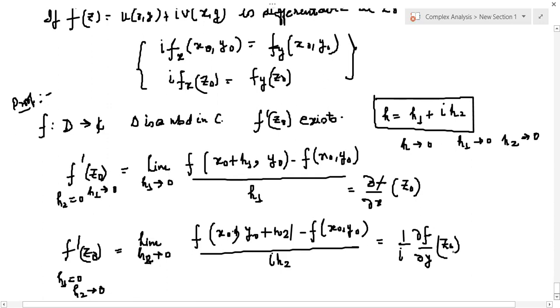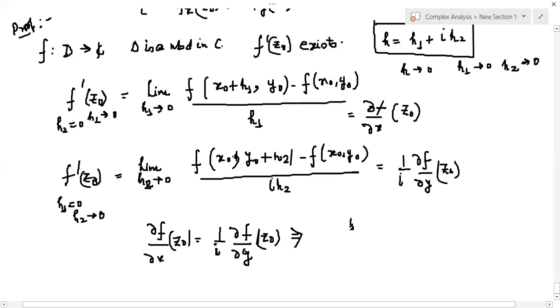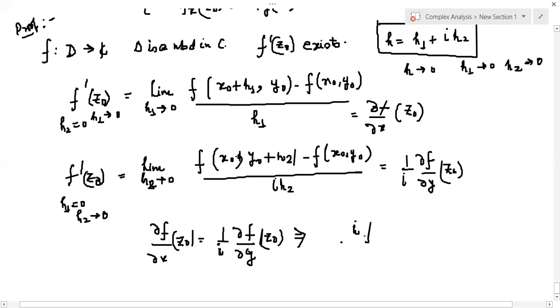If the function is differentiable, then the limit must be path independent, whichever path I take. So del f upon del x at z naught must be equal to 1 upon iota del f upon del y at z naught, which implies that iota fx at (x naught, y naught) must be equal to fy at (x naught, y naught).